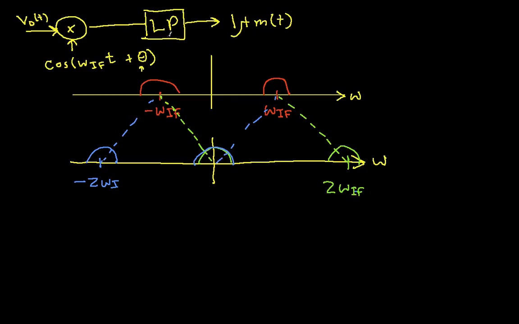And again, that contains the spectral information of M of t that I want. And so what the low-pass filter will do is, I select my cutoff frequency so that it includes the part down here at the origin that I want, but gets rid of these guys out here at 2 omega IF. And to do that, if I've got a good signal coming in here, I don't really need a particularly good low-pass filter.